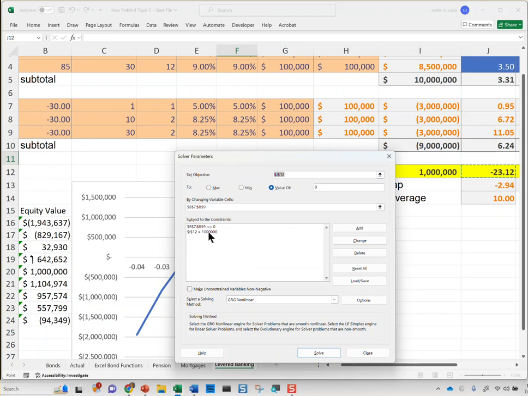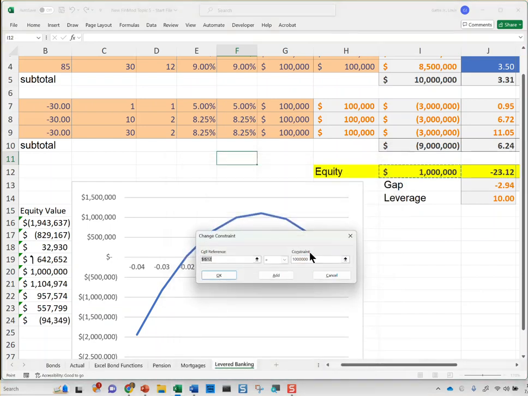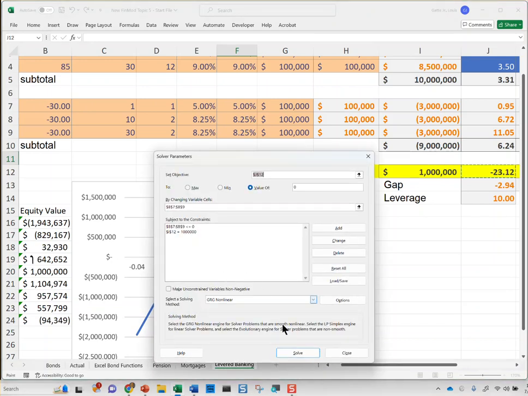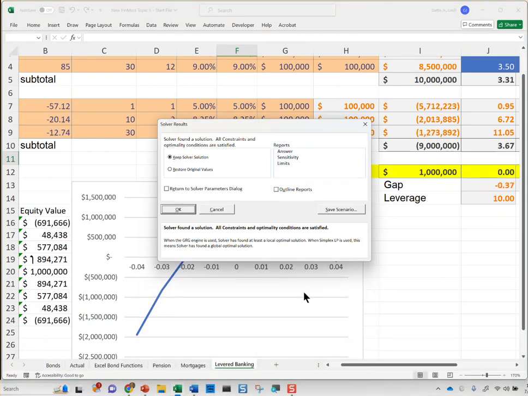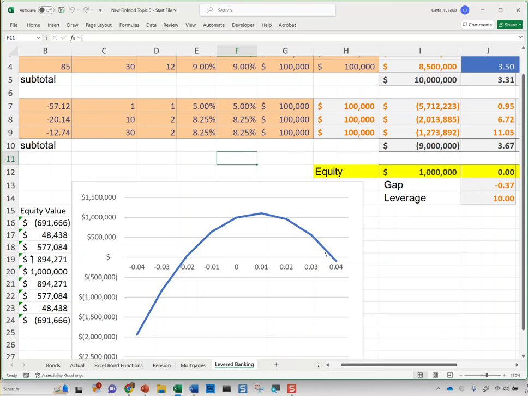And let's just make sure I have enough zeros there. And let's see what solver gives us. Hit OK. Solver found a solution.